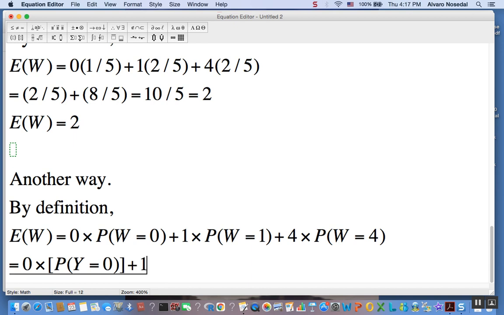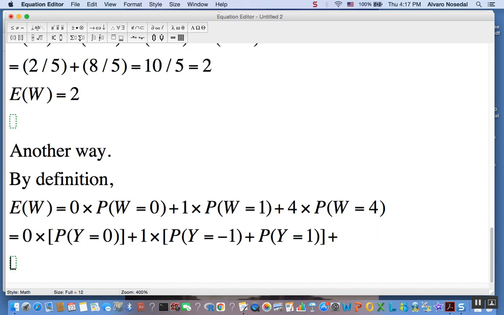The probability that w equals 1, remember that we mentioned this, is the probability that y equals -1 plus the probability that y equals +1. And then we have something similar for 4, right?